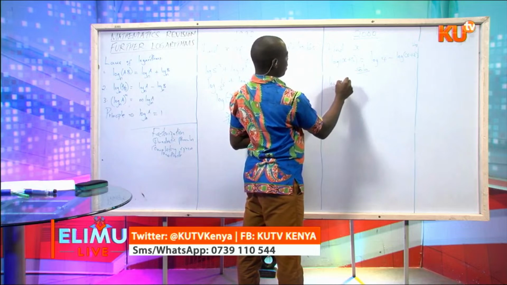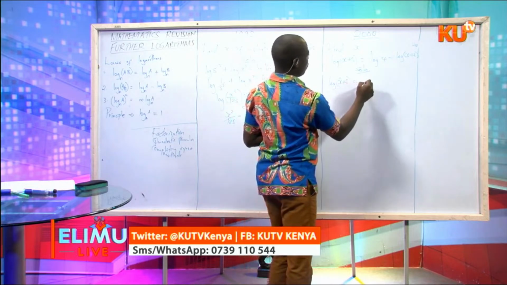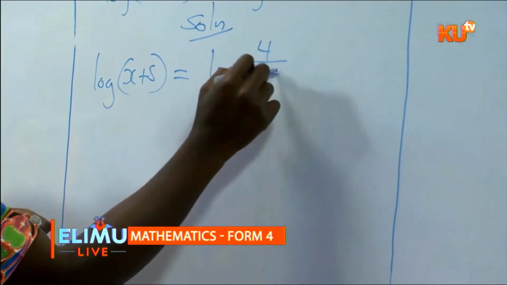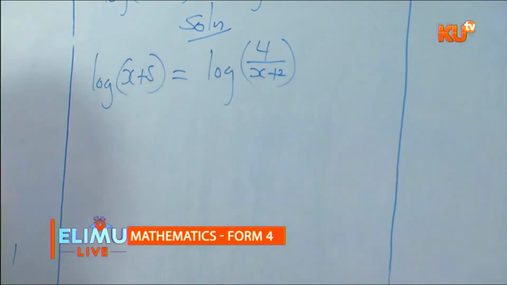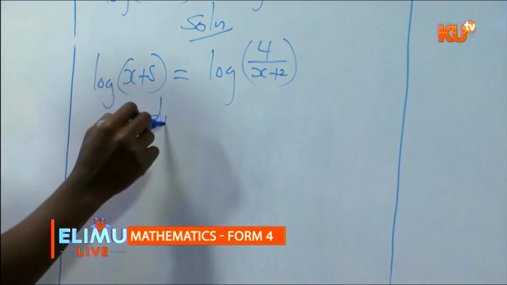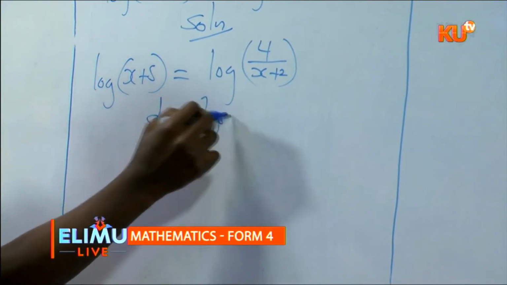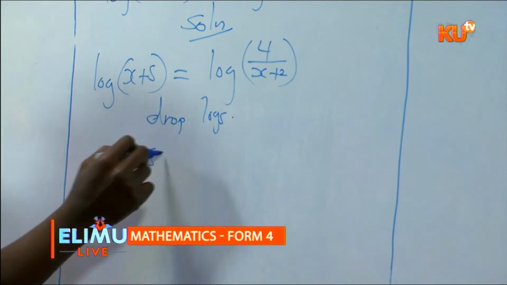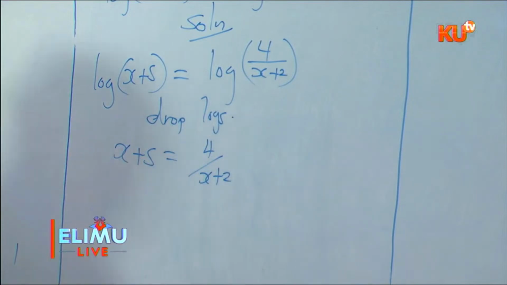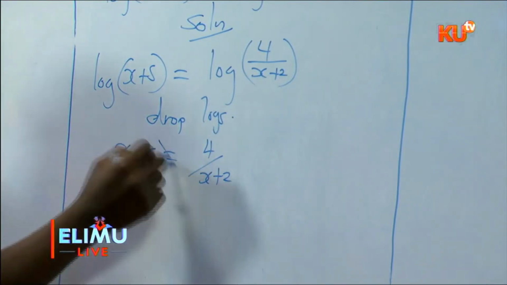Log of x plus 5 is equal to log of 4 over x plus 2. I will drop the logs. And so I'll have x plus 5 equal to 4 over x plus 2. So we do the cross multiplication.